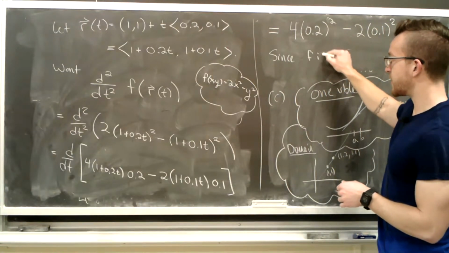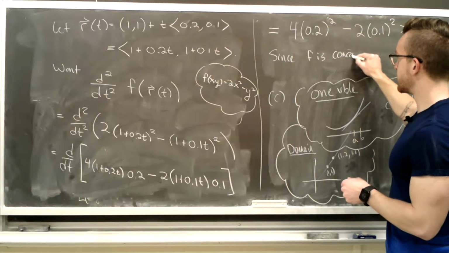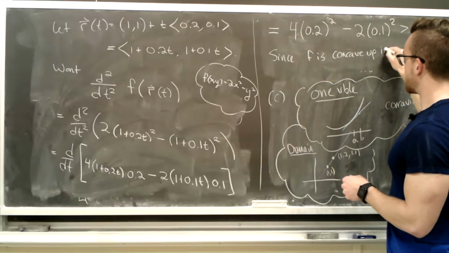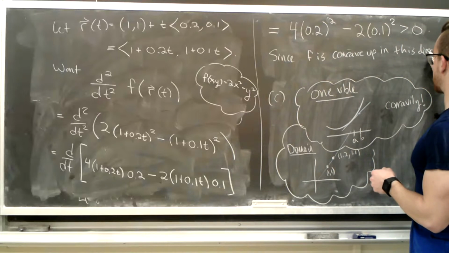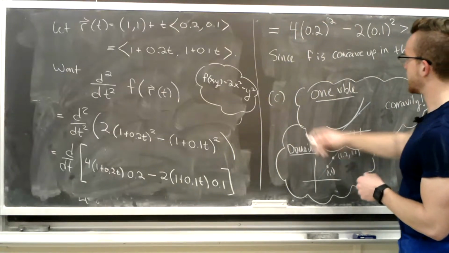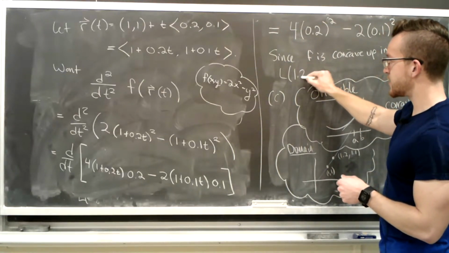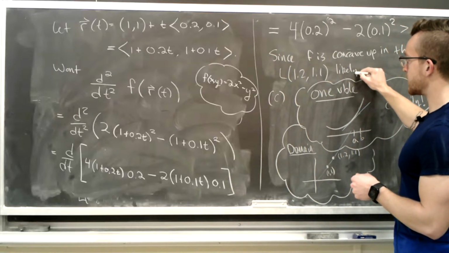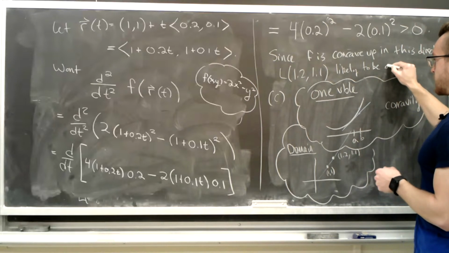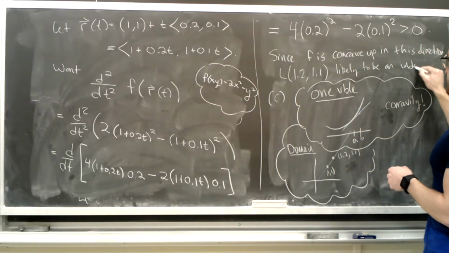Since f is concave up in this direction, the linearization at this point is likely to be an underestimate.